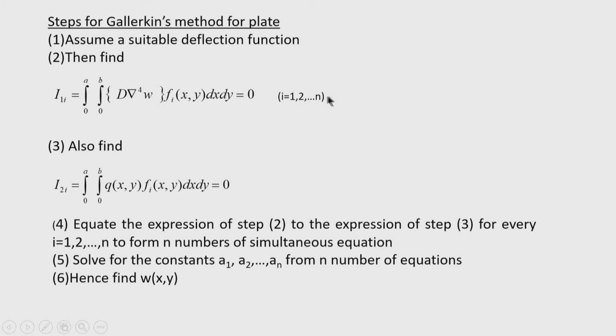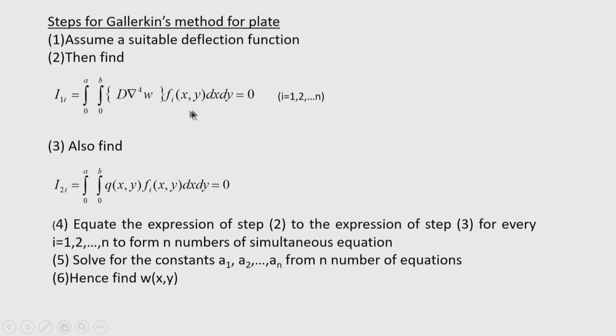So, here you can see when I use the Galerkin equation, then in f i x y, the function of x y, we will use only the terms which do not contain a constant. That means, in the first term, say a 1 1 sin pi x by a into sin pi y by b, a 1 1 should not be used here.